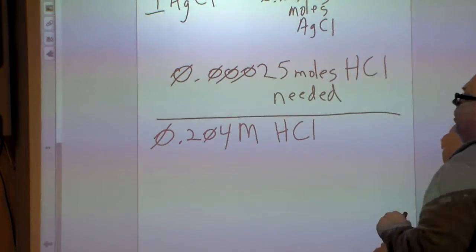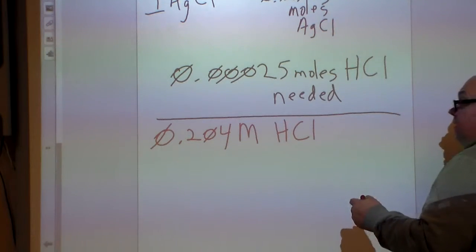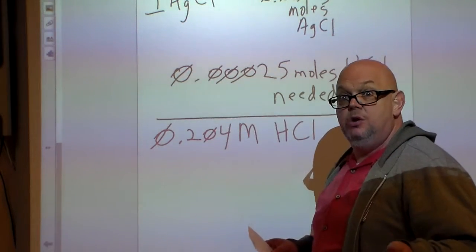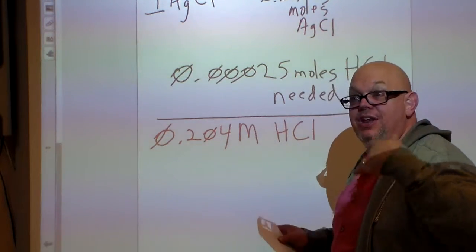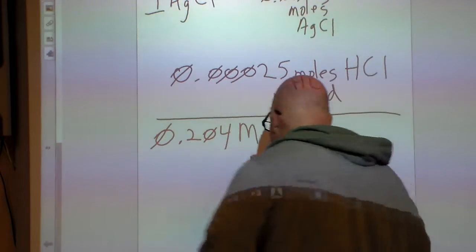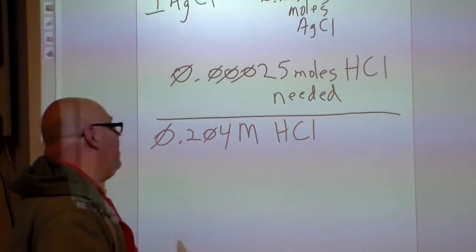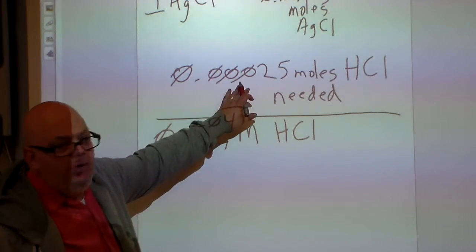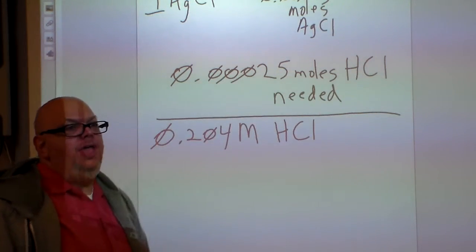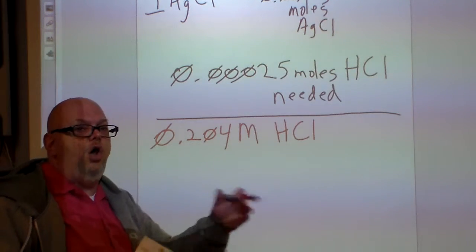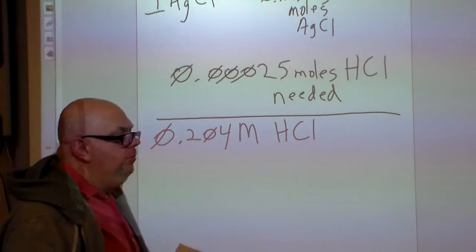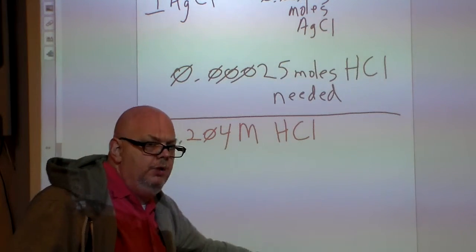We need to find out how many milliliters we actually need of this acid. That's our target. We now have the concentration. We also have the number of moles we're going to need to cancel out all that silver in the silver nitrate. So, wait, molarity, what are you talking about?